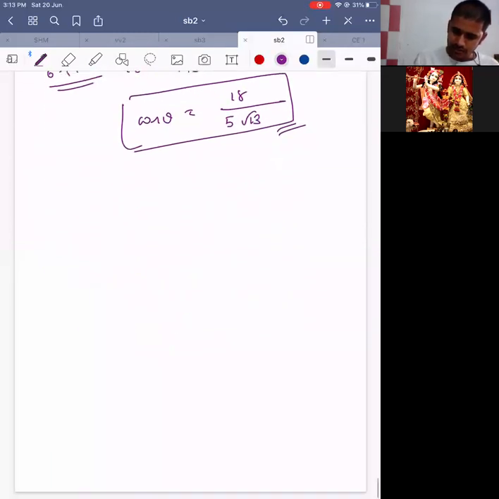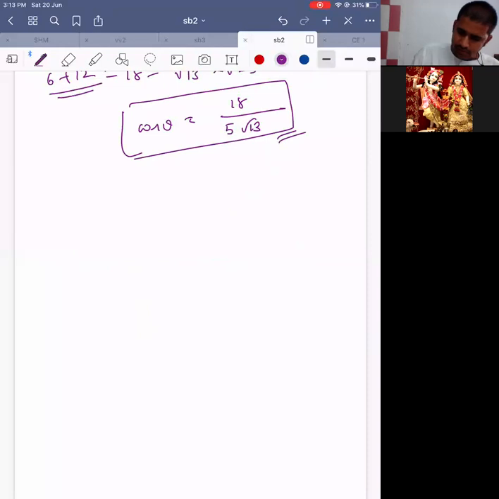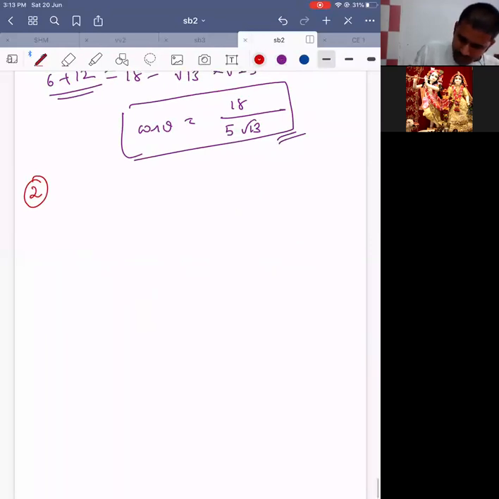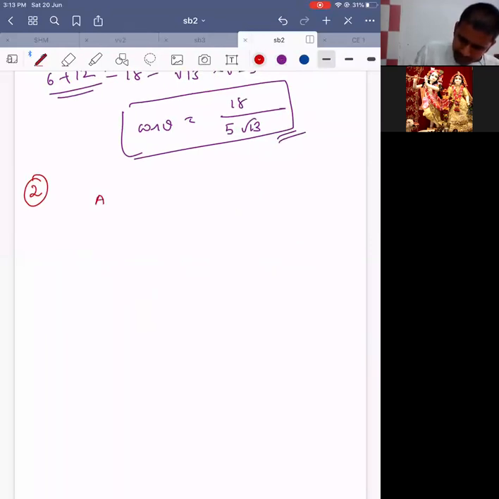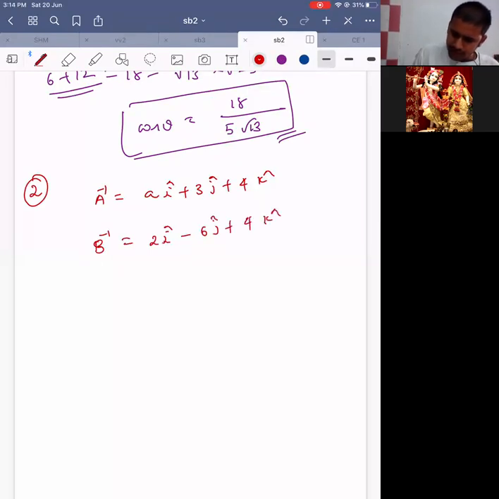So let's see another question. a bar is equal to a i cap plus 3j cap plus 4k cap. b bar is equal to 2i cap minus 6j cap plus 4k cap.